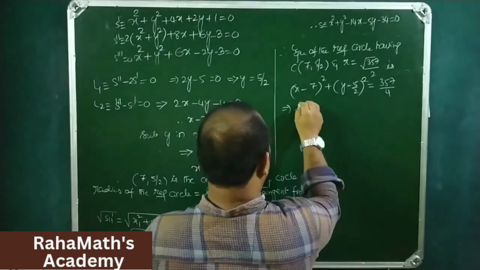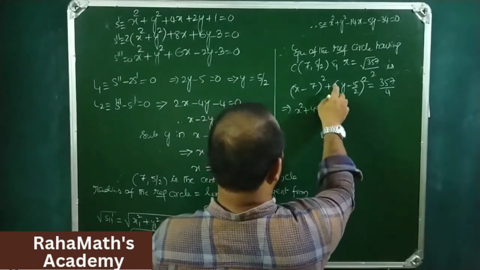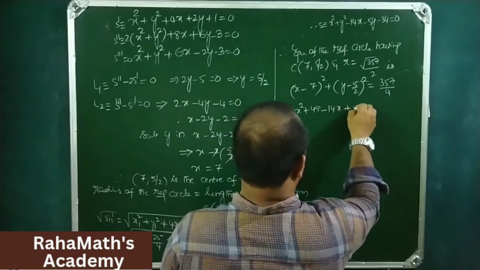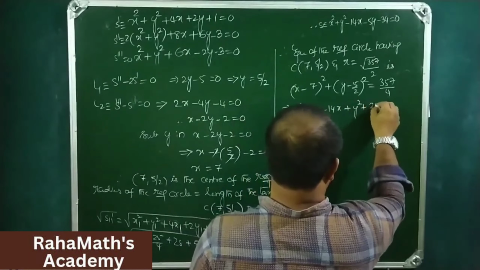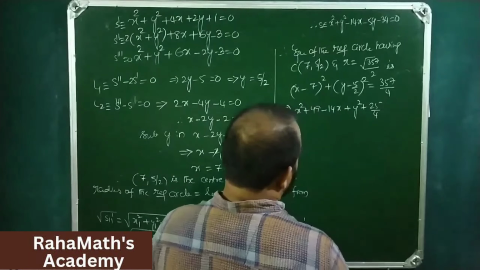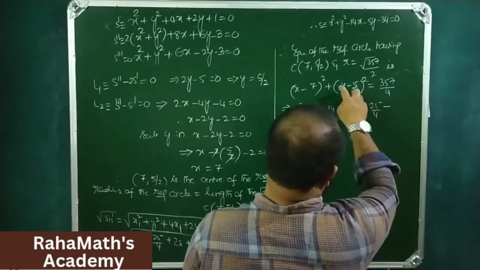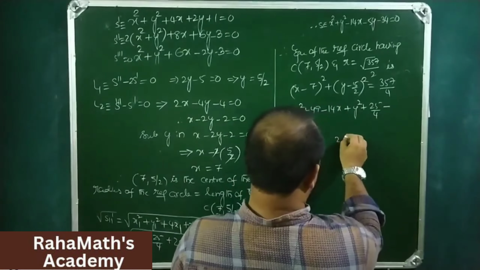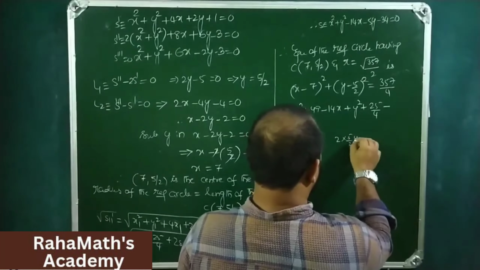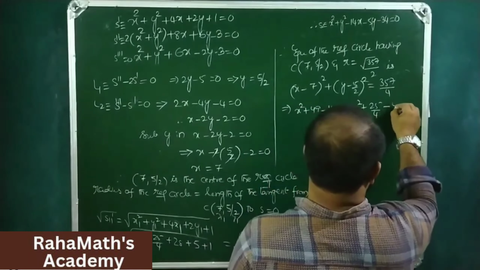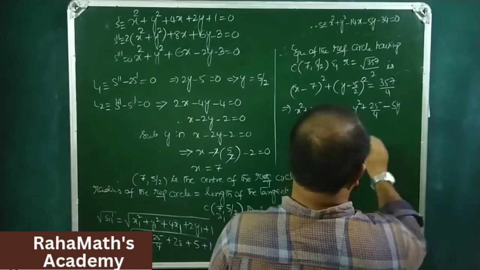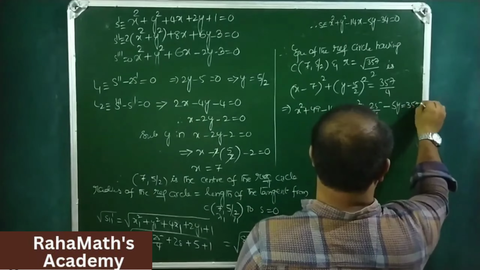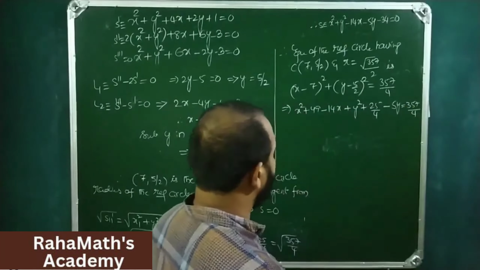This is x square, 7 square 49, 2 7s are 14x, plus y square, 5 square 25 by 4 minus 2 into 5 by 2 into y, 2 gets cancelled, 5y, is equals to 357 by 4.